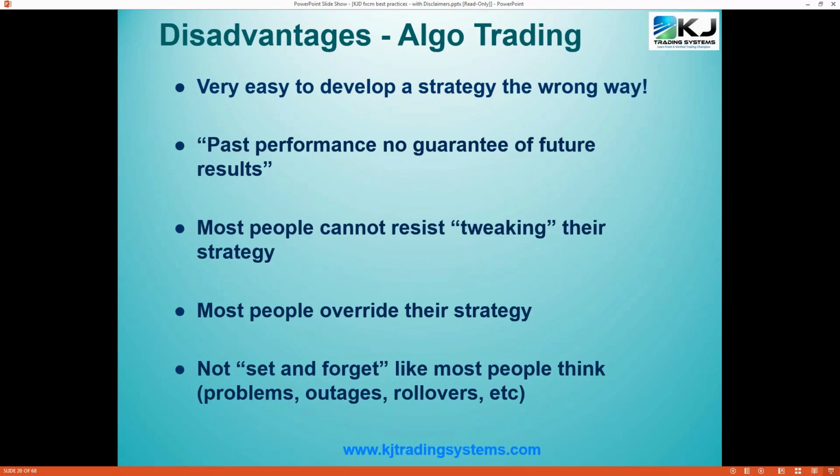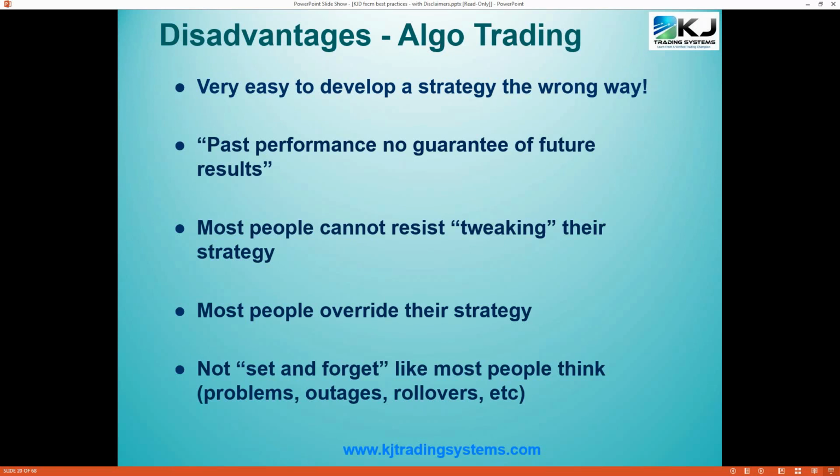Some more disadvantages, and I'm giving you more disadvantages on purpose, because I want you to realize that it's not the rose garden that a lot of people will tend to think it is. So if you understand the disadvantages and you can still say, I'm going to do it, that's a good hurdle to overcome, and it's better to do it up front, right?